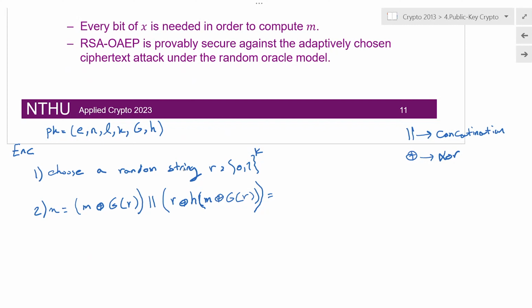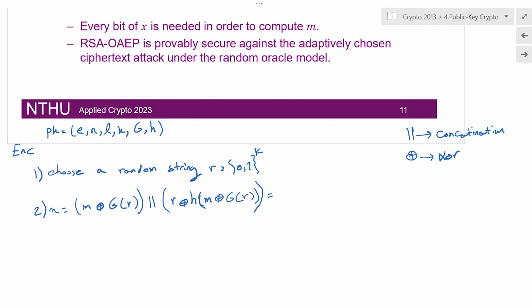And you see that every time we want to do this padding, we choose a different R. So every time we encrypt our message, we choose a different R, and therefore this value G of R would change, and therefore this first part would always change.